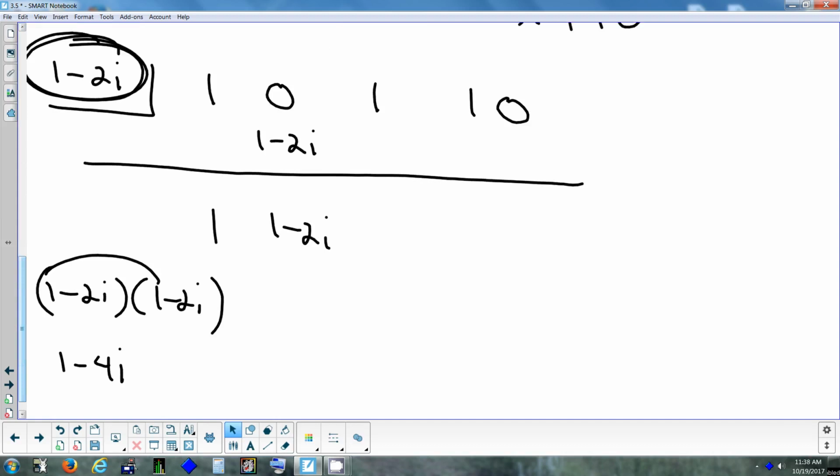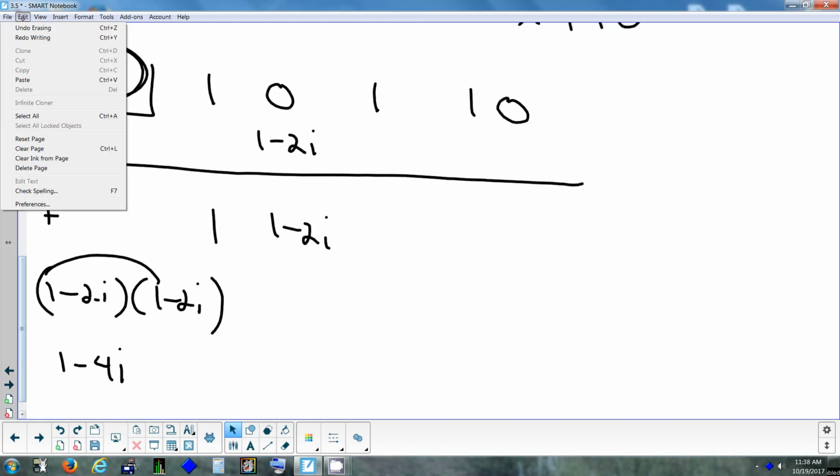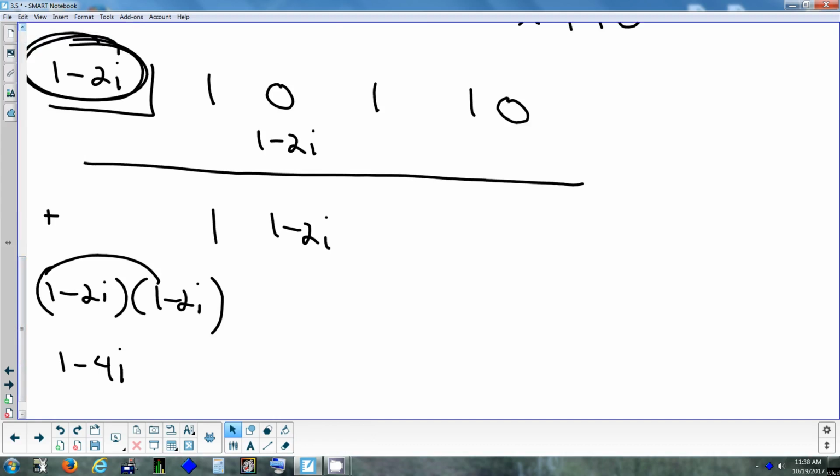And then let's try to do this part all at once. Negative times negative, positive. And then what's 2i times 2i? 4i squared. So we have a positive 4i squared.